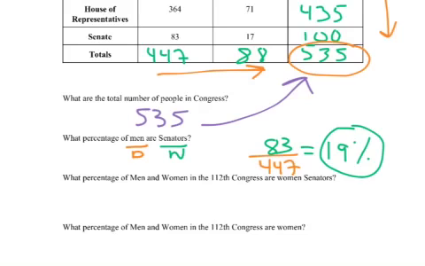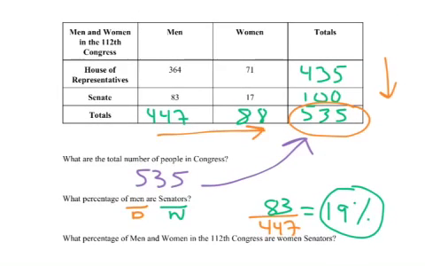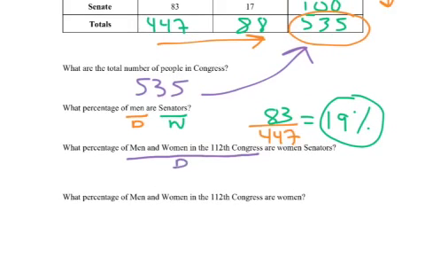Next one, what percentage of men and women in the 112th Congress are women senators? So the percentage of men and women in the 112th Congress, well, that's what this whole table is about. So that's going to be what goes in my denominator, the men and women in the Congress. That would be my denominator, like I said, and that's 535.